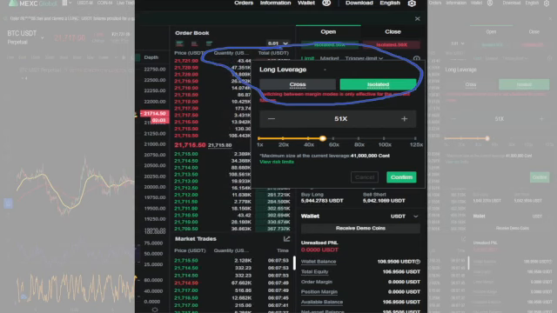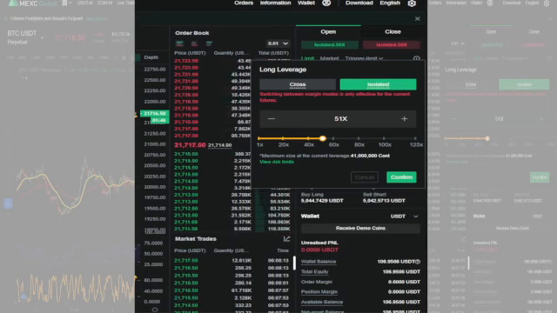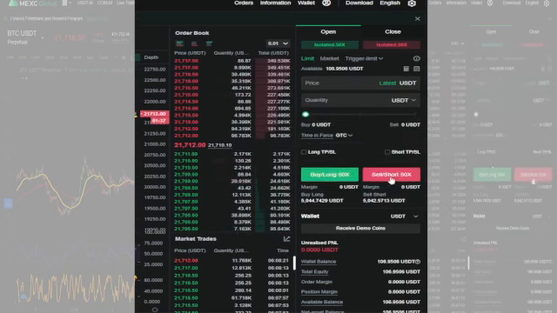I cannot stress that enough. So typically most traders will go with isolated over cross just because of that, because they only really want to risk their initial investment. Okay, so we're going to hit confirm for the moment because there's a couple other things we want to look at.